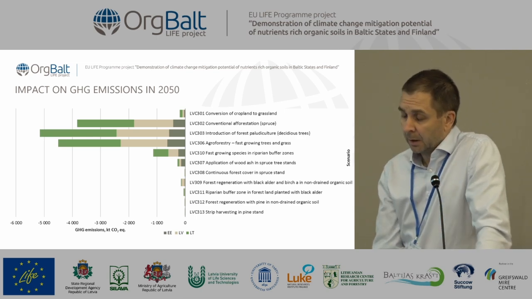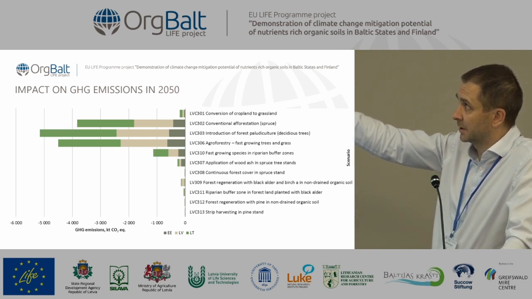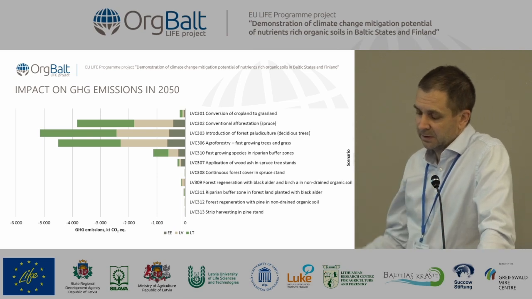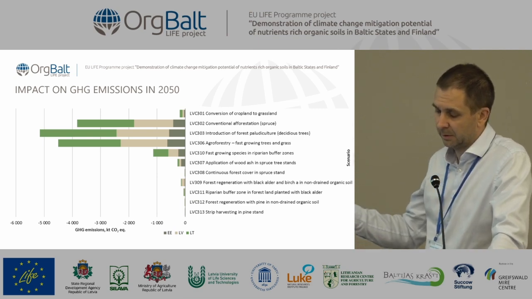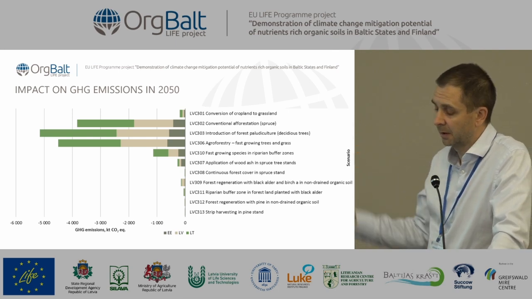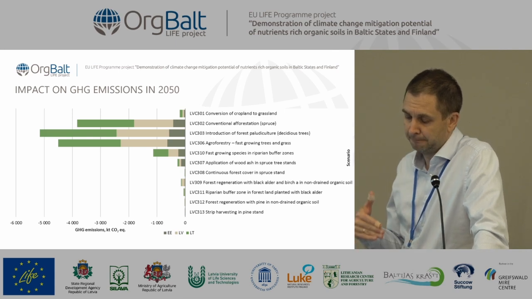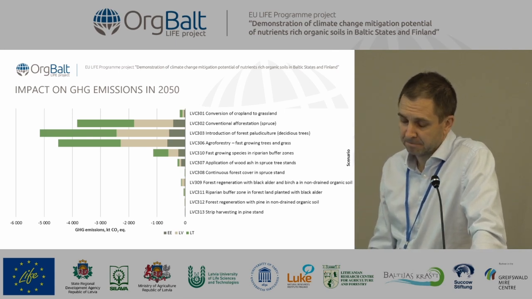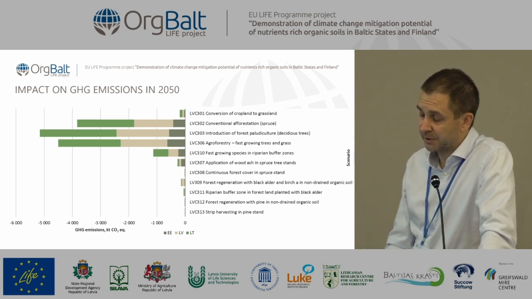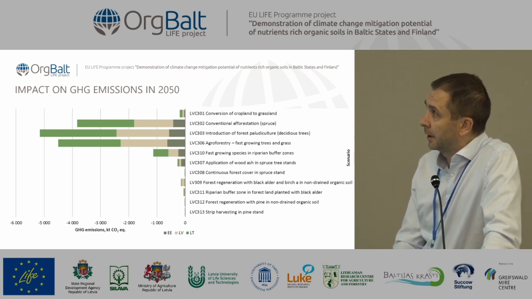I will not go through each of them, but here is a kind of summary of what we can get. Here is also the list of all the measures, and for each measure we can see the impact and the split of the impact between the 3 countries. We can see the largest impact, and here it is greenhouse gas emissions, so a negative impact is a positive thing. We can see that 3 measures have significantly higher impact, and that's afforestation, conventional afforestation, forest polyculture, and agroforestry.